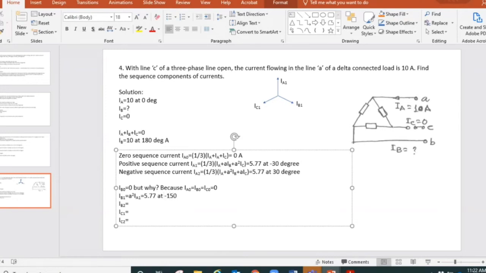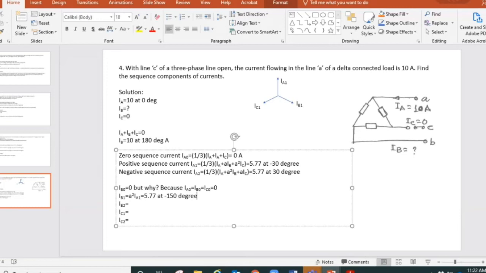Minus 150 degrees, yes. Or it can be plus 210 as well. Am I right? So IB1 we got it.